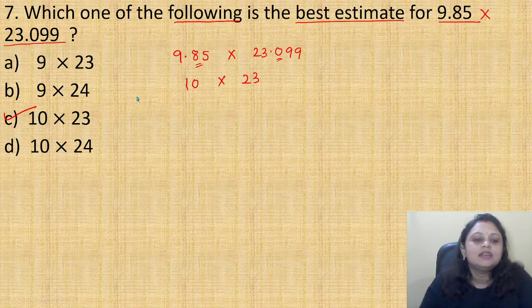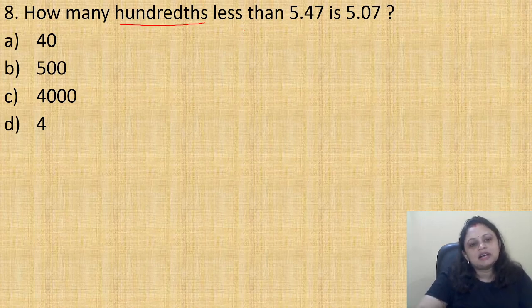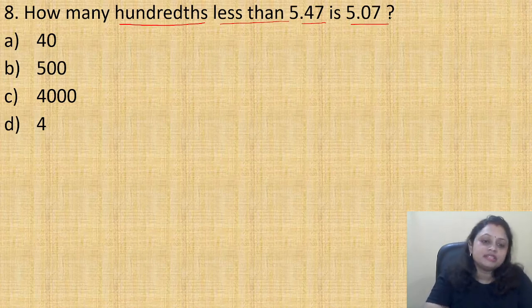Got it? Coming to the next question: how many hundredths less than 5.47 is 5.07? Option A 40, B 500, C 4000, D 4. So in the question it is asked how many hundredths less than 5.47 is 5.07.